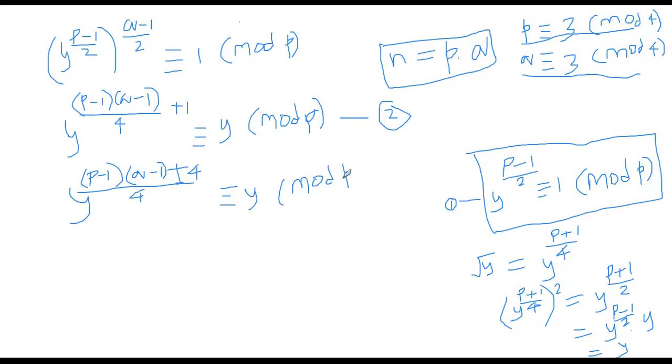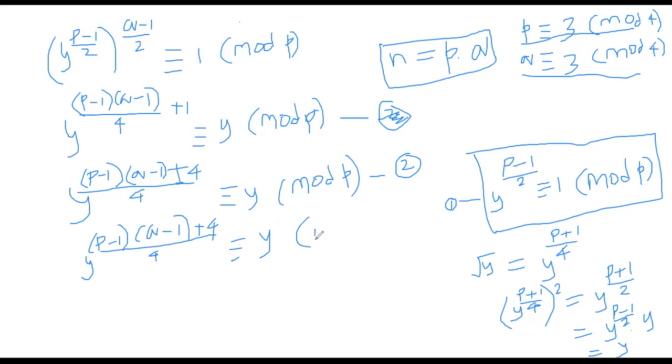Very good. So let me call this equation 2, because this is equivalent. We can forget about this. What about equation 3? I was saying, just start with y power (q-1)/2 and raise it to the power (p-1)/2. That means we'll have the same left hand side, but the right hand side will be slightly different. It's still y, but it will be mod q.